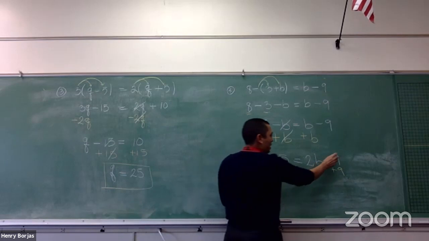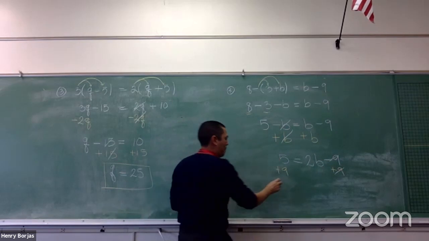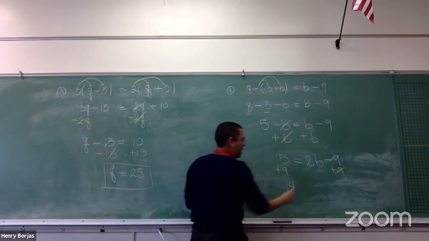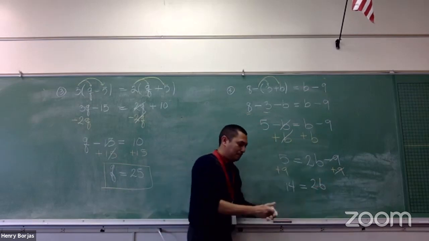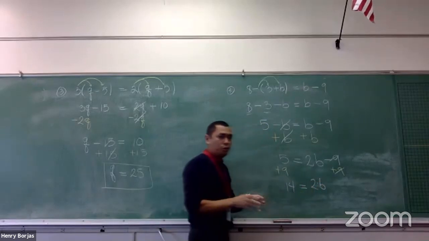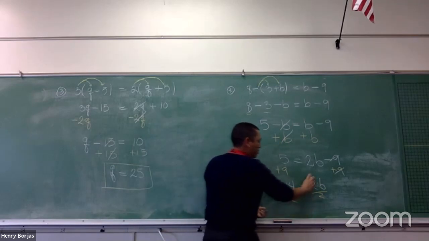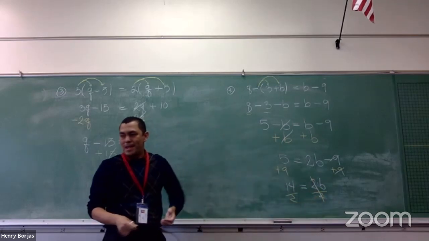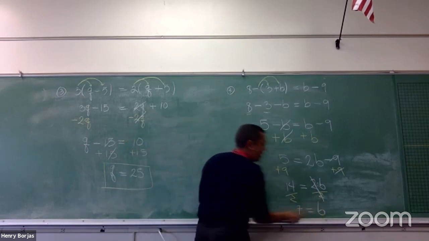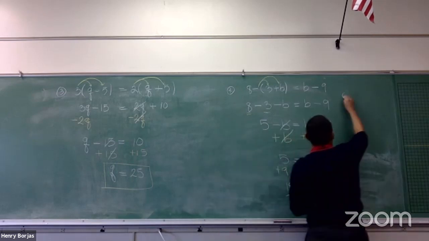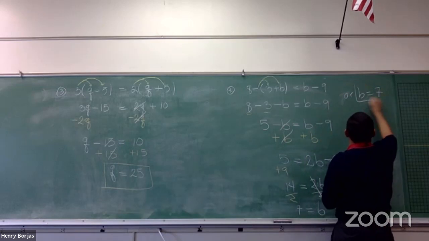Plus 9. 9 goes away, and you have 9 plus 5 equals 14 equals 2B. 2 is multiplying, so we are going to get rid of 2 by division. So we divide by 2, and we cross out that 2, and we have 14 divided by 2 is 7 equals B, or I'm going to write it here, B equals 7.